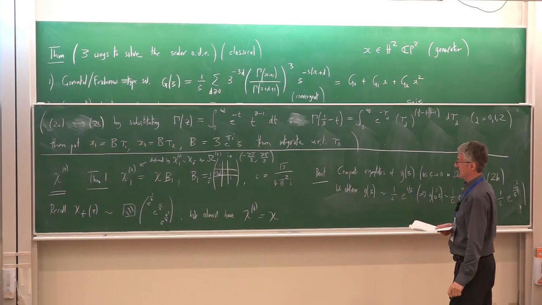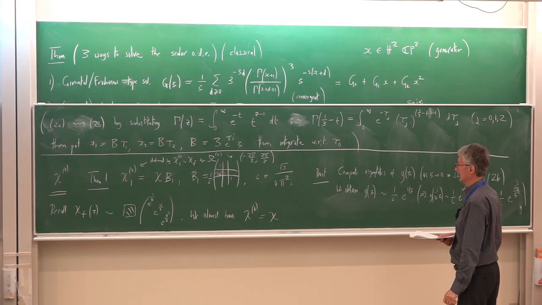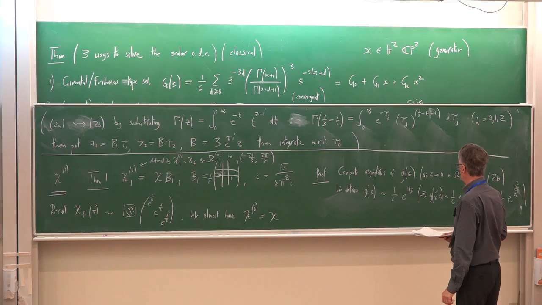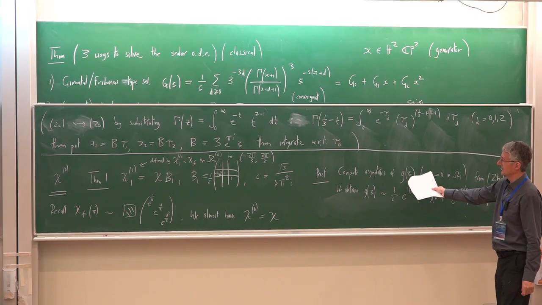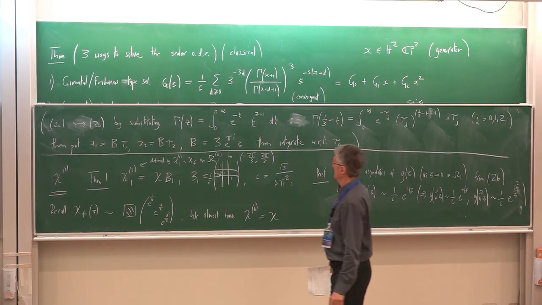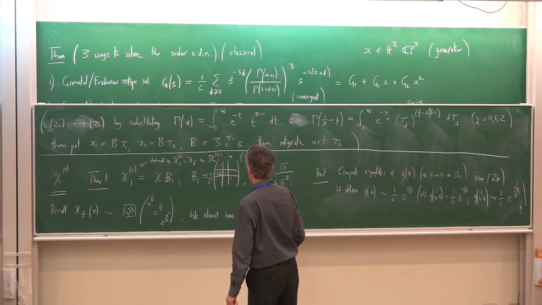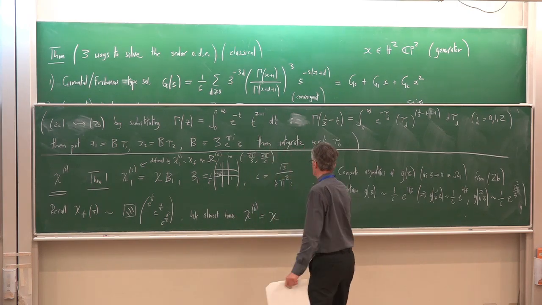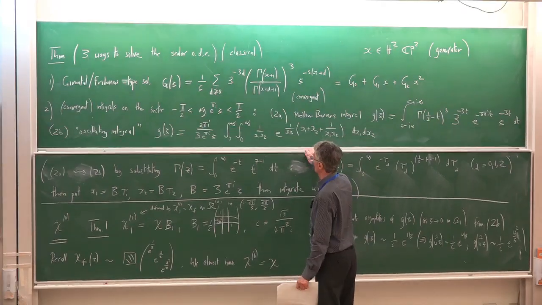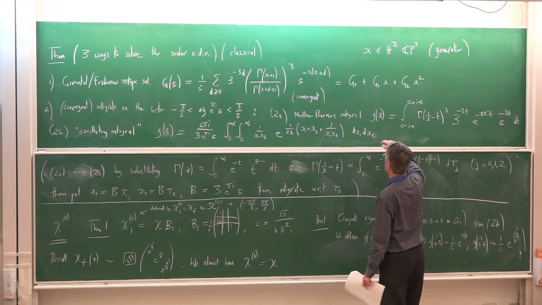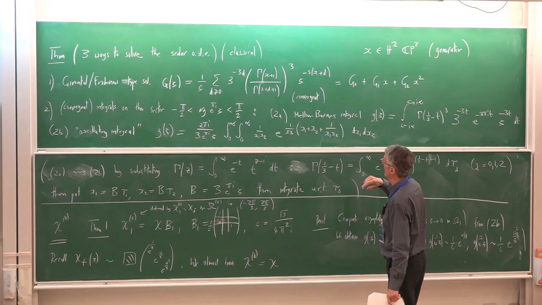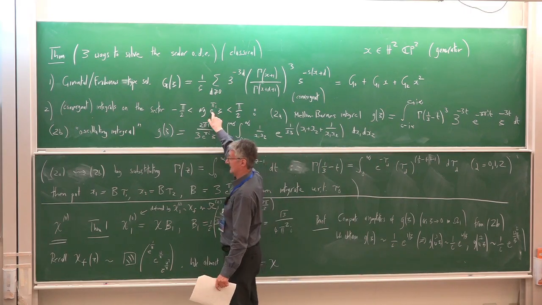Okay, so that's the characterization of chi of 1. And the G, well, we know that the G has this asymptotics on this sector here.